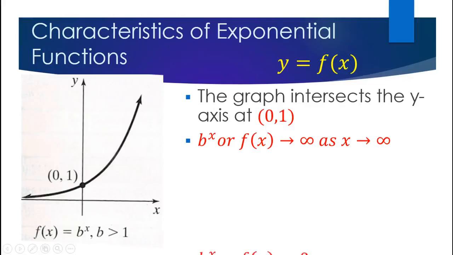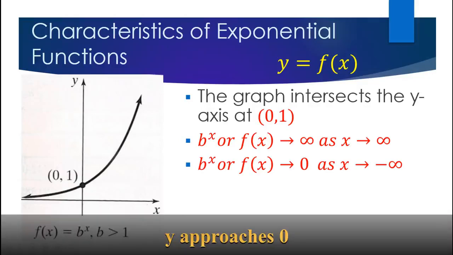Okay? Also, if y approaches 0, palapit ng palapit siya dun sa ating x-axis, mapapansin natin yung x is approaching negative infinity. Papakaliwa yung ating curve. Okay, take note of this too, as y approaches infinity, x approaches infinity also. And if y is approaching 0, x is approaching negative infinity.